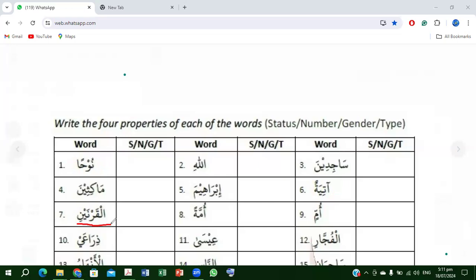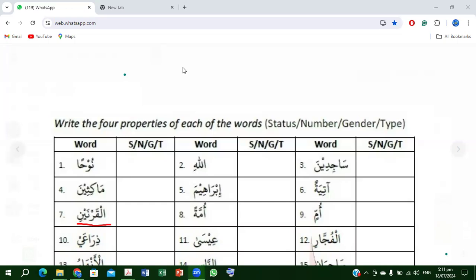Aini at the end, and then the number is dual, because ya noon. And then gender is male, because it doesn't have anything female. And then the type is proper, because it has alif lam in the beginning. Barakallahu fiki. Perfect. MashaAllah.